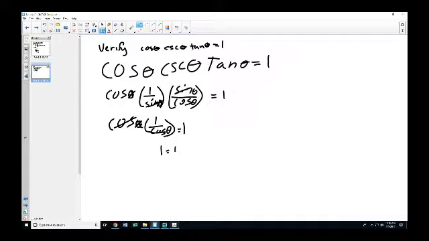On your papers, remember the four things we talked about? Fraction math, algebra skills, usually factoring, change to sine and cosine, identities. On your paper, next to each step, I want you to label which one of those was used. From here to here, which one of those is used?